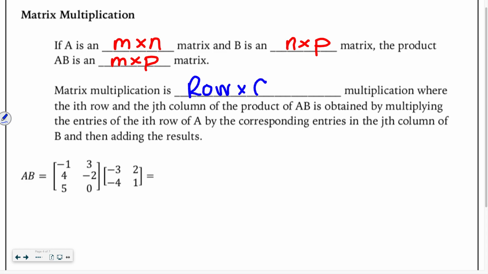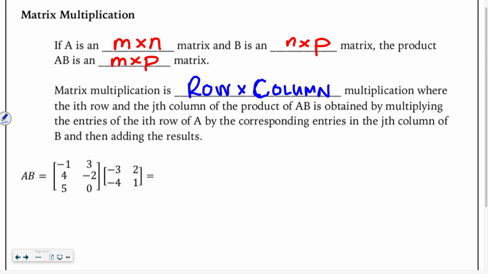is essentially row by column multiplication. So if you're multiplying A times B, you can take the rows in the first matrix A, multiply them by the columns in the second matrix B. So you've got to really stay focused on row by column multiplication.